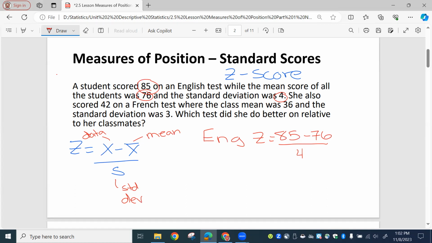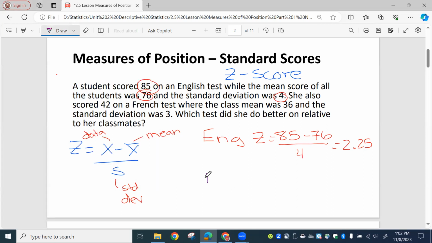So in this case, we get 2.25. It's a positive value, which means the student scored above the mean. We already knew that to be true. 85 is higher than 76. This tells us, though, that this person scored just over 2 standard deviations above the mean, which is pretty far above the mean.